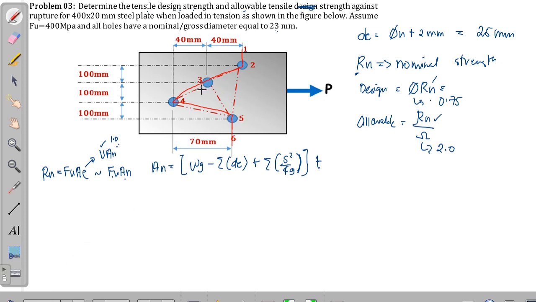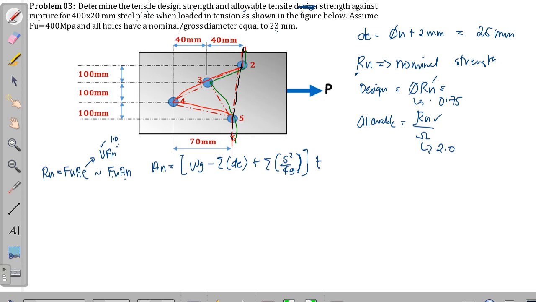Pwede din ang failure natin is ito, 1, 2, puntang 3, tapos puntang 5, and puntang 6. Or pwede din ang failure natin is 1, 2, 5, 6. Pwedeng ganyan din yung failure natin. So, kailangan natin kunin lahat yung net area in each path of failure to determine our critical net area.